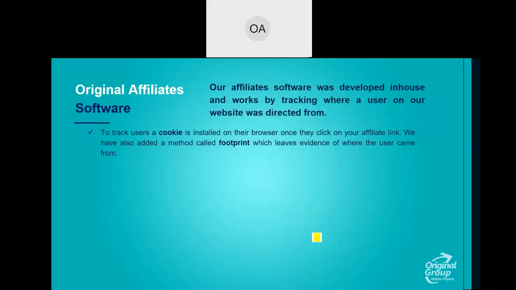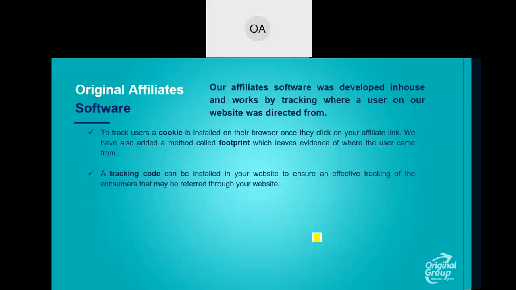I will keep you up to date when we migrate completely to the footprint, and I'll try to prepare a deeper explanation, or explain it in a different way, detailing how this benefits you as an affiliate and obviously me as the Original Affiliates program, because if you're happy, I'm happy.